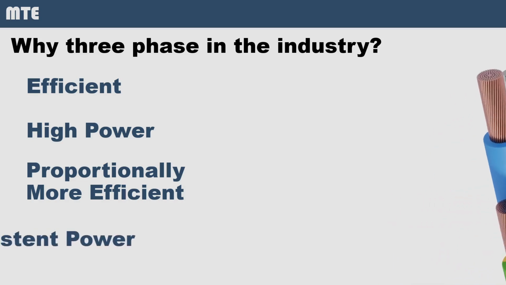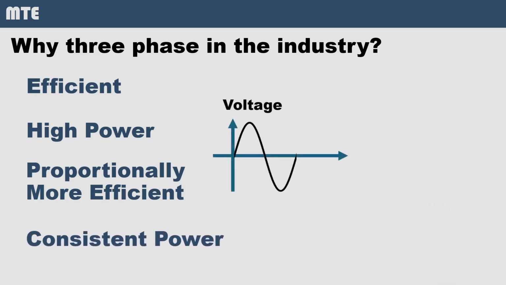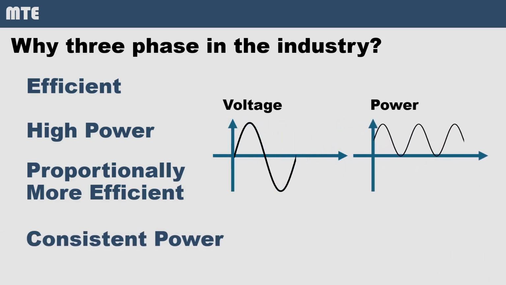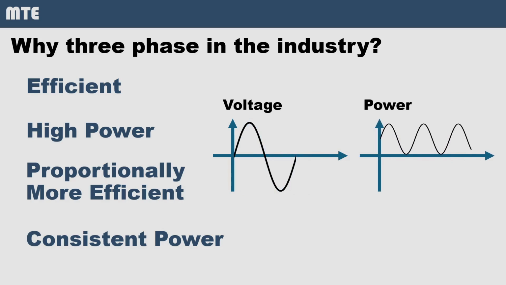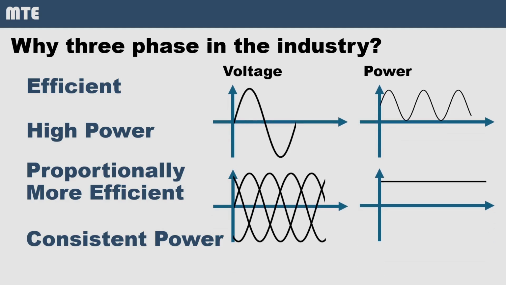Another major benefit of a three-phase system is the smooth and consistent power delivery. In a single-phase system, power rises and falls in waves, which can cause interruptions. In contrast, three-phase systems use three alternating currents, each 120 degrees out of phase.